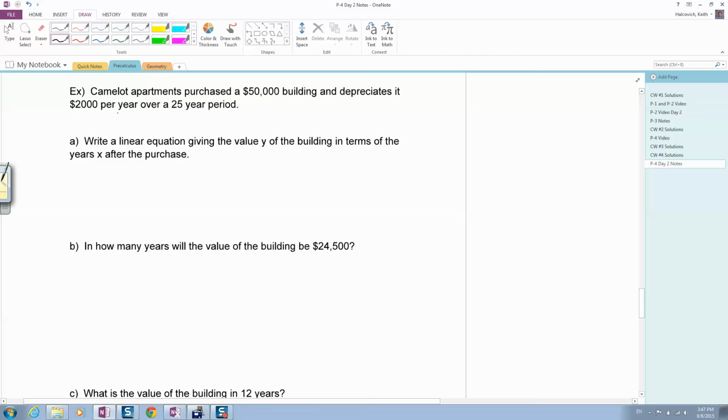So the first thing we're going to do is say let x equal the number of years after the building was purchased.